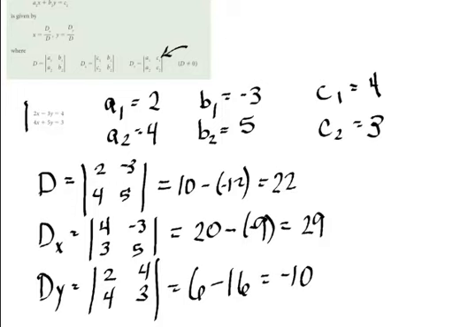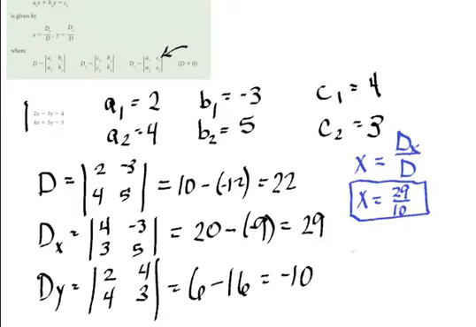All right, almost home. Now what I need to do is X equals Dx over D. X is going to equal Dx, 29 over 22. Woo, that's an ugly answer, isn't it?